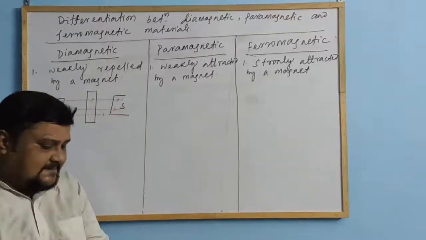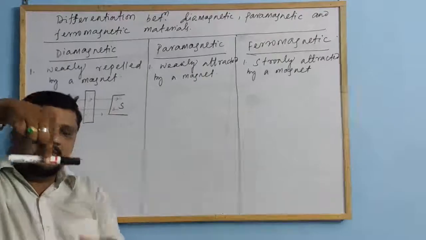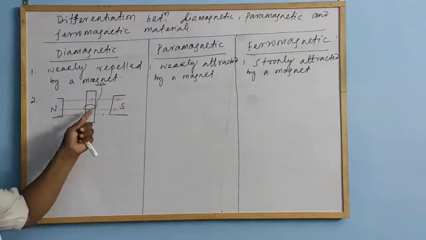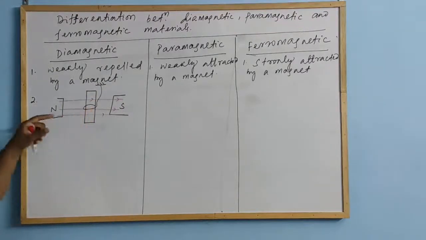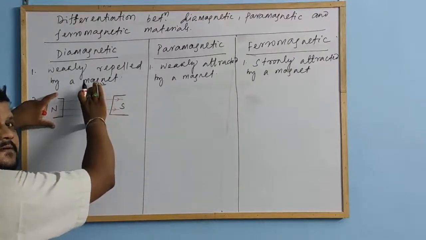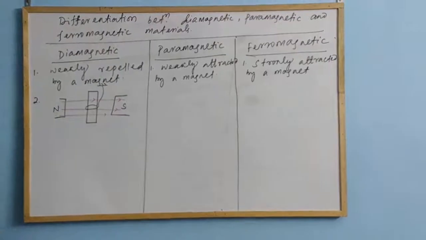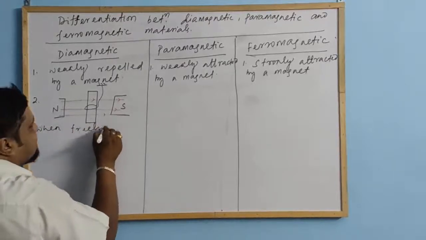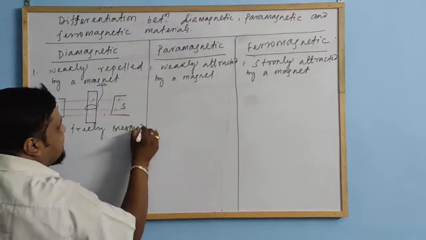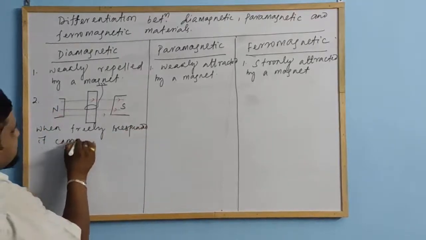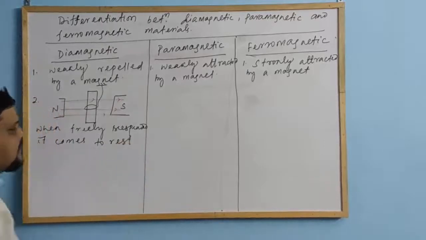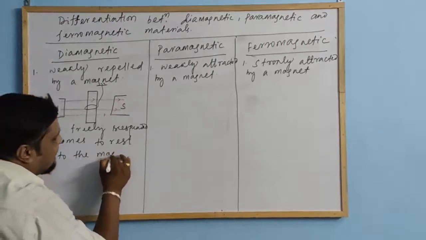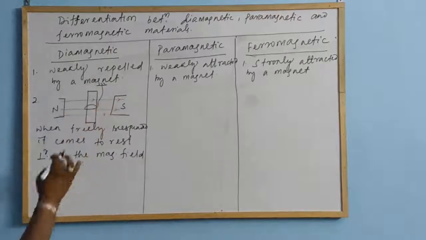If a thread is tied like this and it is freely suspended in between the magnetic field, then it will come to rest perpendicular to the direction of the magnetic field. That rod will become like this.